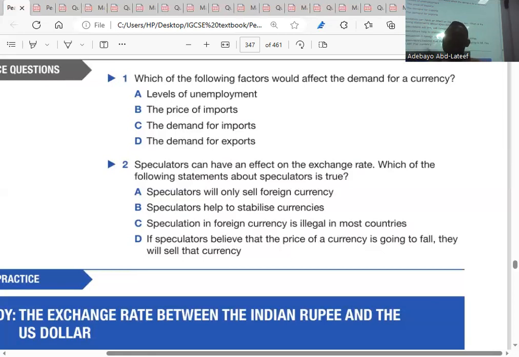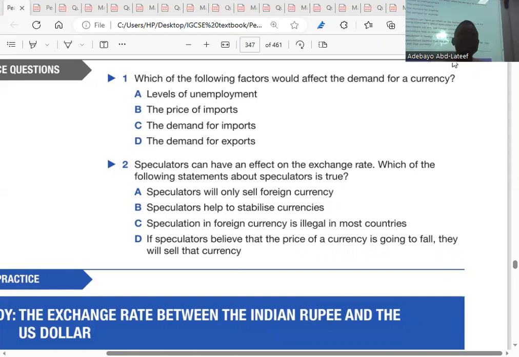They could sell. We have what we call the bull and the bear in the stock exchange. Speculation does not only mean in the foreign exchange. There's speculation in the stock exchange, where we have the bear and the bull.